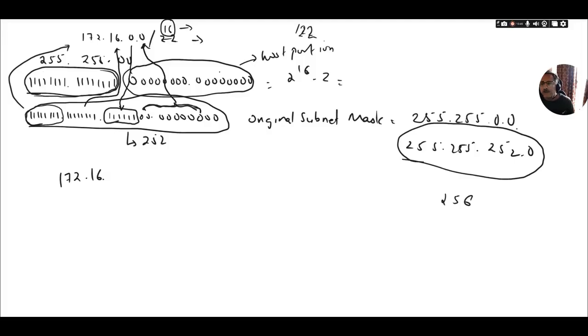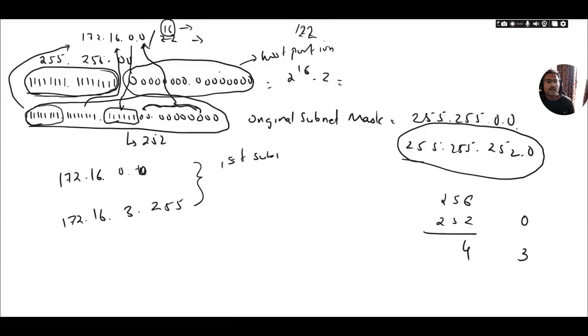So if you subtract 252 from 256, it will give us 4. Basically 0 to 3. So the first subnet will go from 172.16.0.0 to 172.16.3.255.